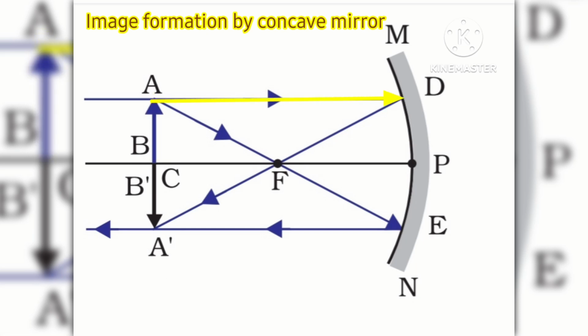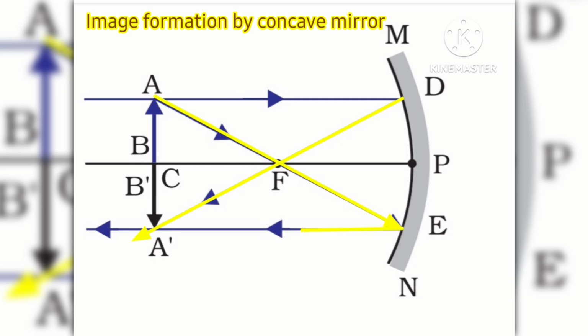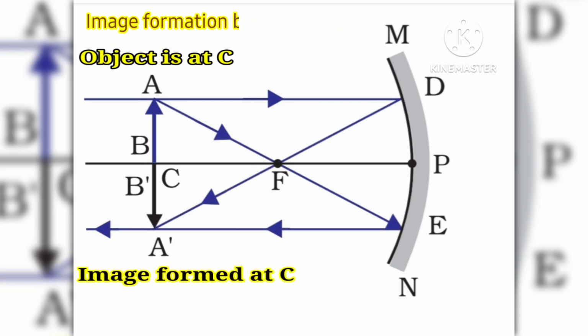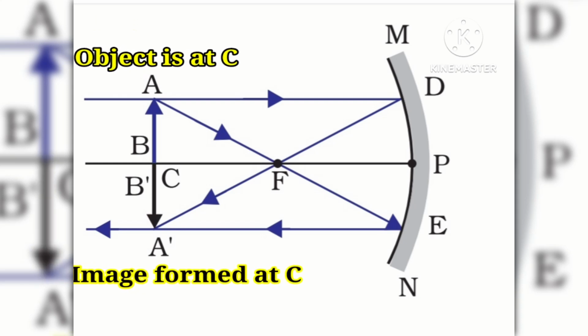A ray parallel to principal axis, after reflection, passes through focus, we know. Next ray I am considering here is a ray passing through focus; after reflection, it is parallel to principal axis. These two reflected rays meet at a point A dash, where we get the image of A. So object is at the center of curvature, image is also formed at center of curvature.